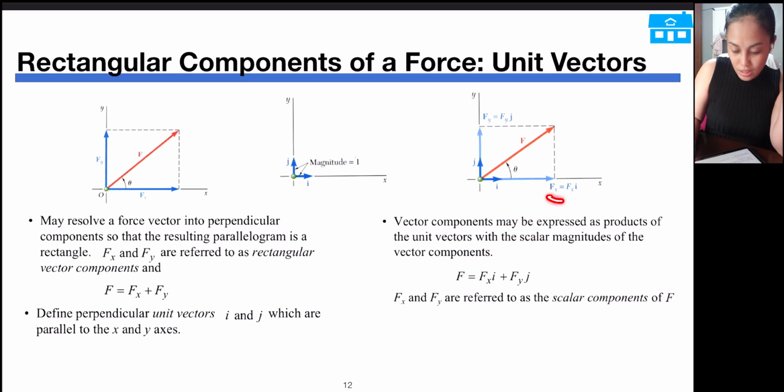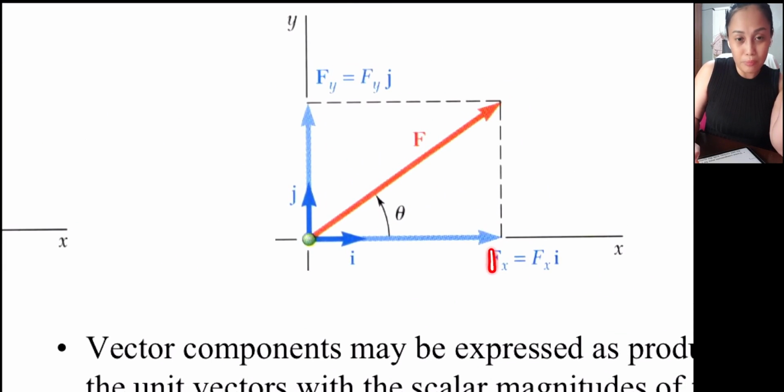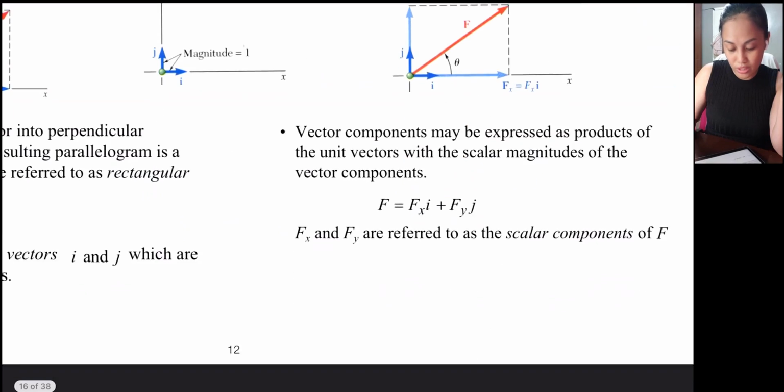There is a figure Fx. Usually in the book the vector is in bold, while the scalar has a normal font. That means it is a vector value. But when you write it on paper, you can designate it by putting an arrow on top to show that it is a vector force.